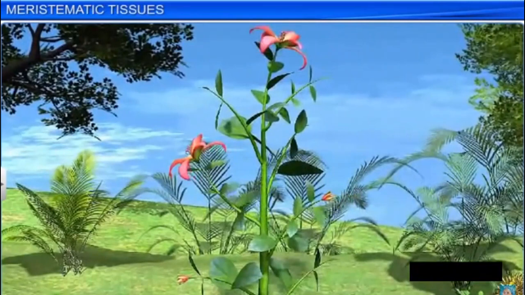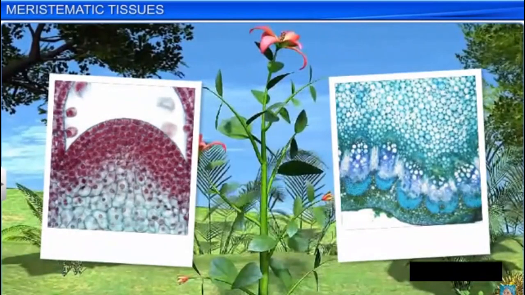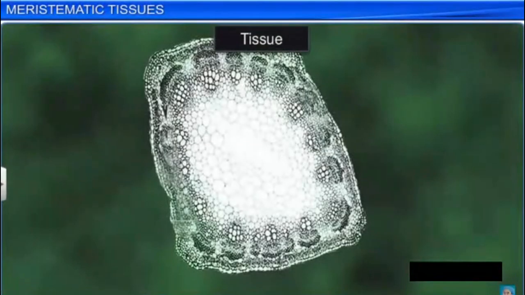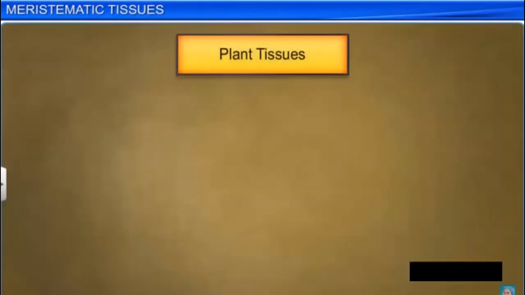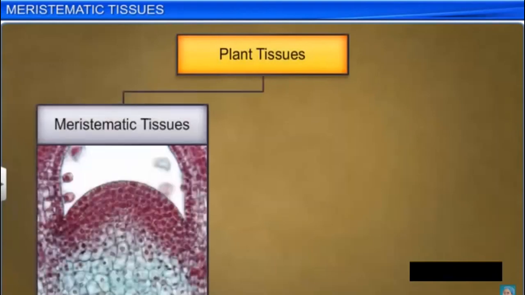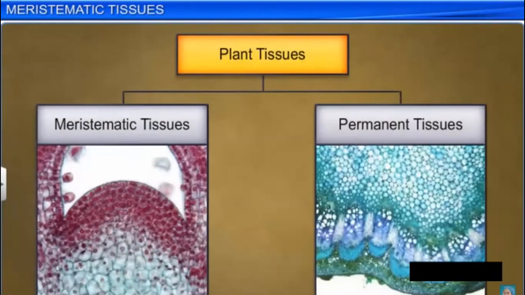A plant is formed of different types of tissues. Tissue refers to a group of cells that have a similar structure and perform the same function. There are two main types of plant tissues: meristematic tissues and permanent tissues.